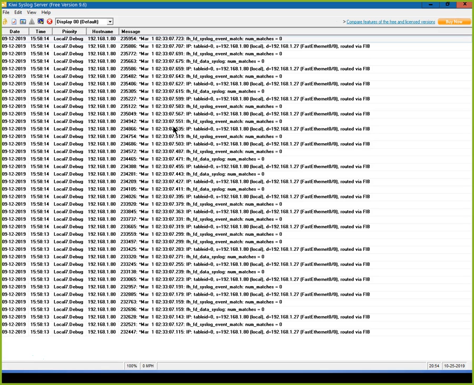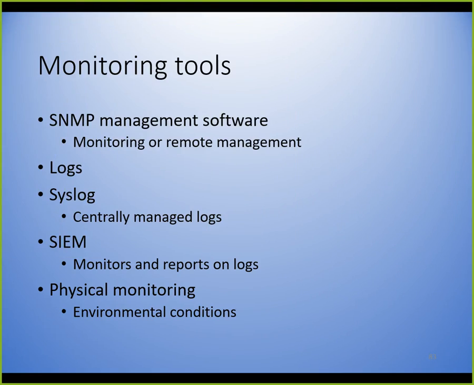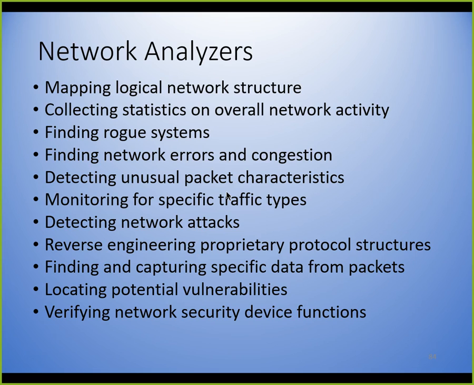It could collect the logging information from multiple devices, and then we could see what happened at 1558, all of the actions that took place there, so that it helps us to piece together what happened on the network if something untoward happened, something bad happened to us. And then physical monitoring, the environmental conditions, the temperature and humidity. Temperature and humidity is a big deal for these devices.